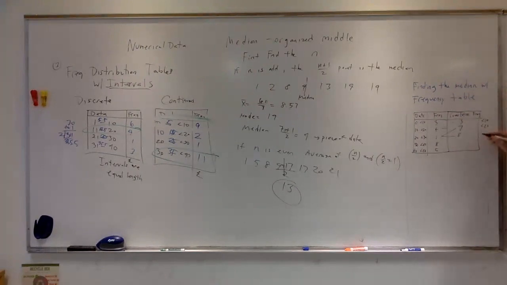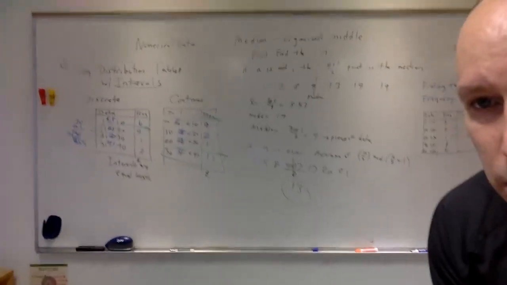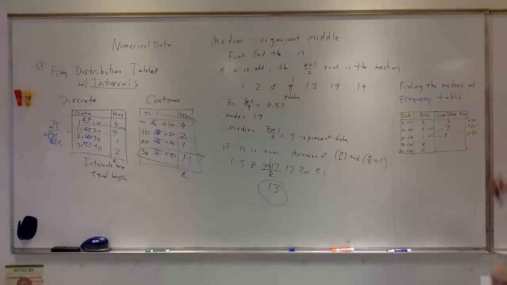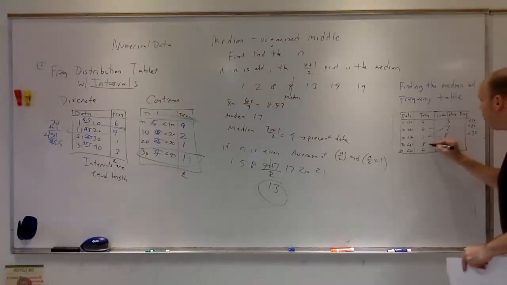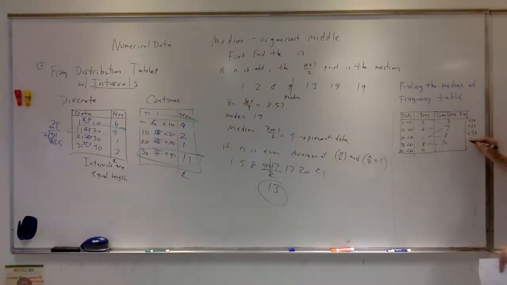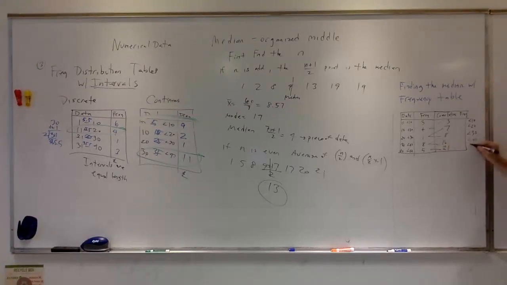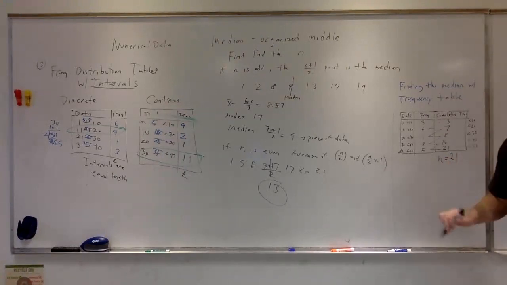There are 8 pieces of data less than 30. 8 plus 8 is 16, so there are 16 pieces of data less than 40. Accumulating even further, 21. So there are 21 pieces of data less than 50. It turns out our n is 21.